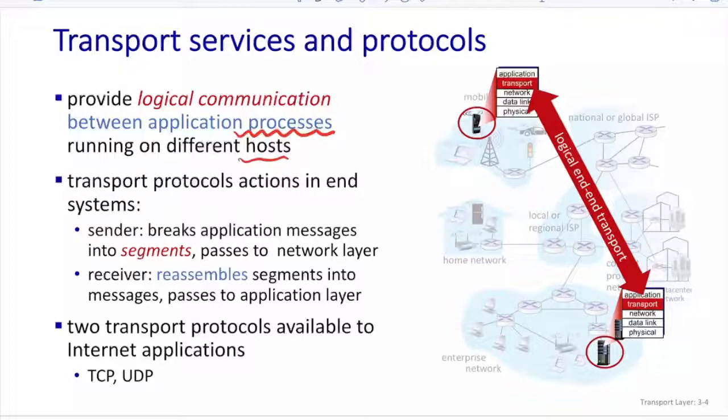Transport protocol actions in end systems. At the sender side, transport protocols will break the application message into segments, as I showed you before, and pass them to the network layer.